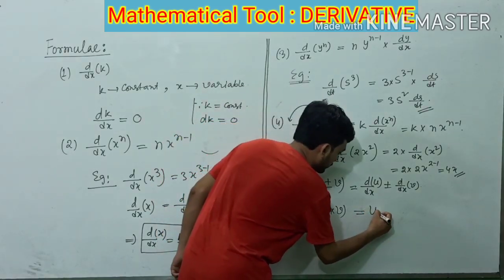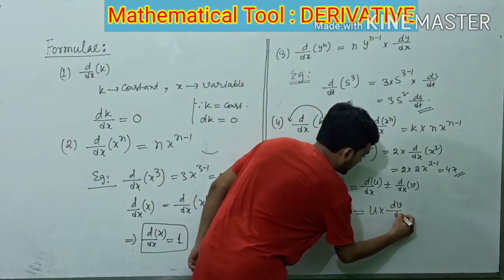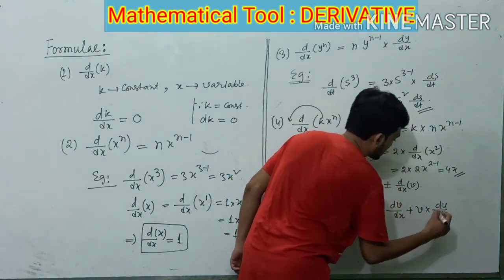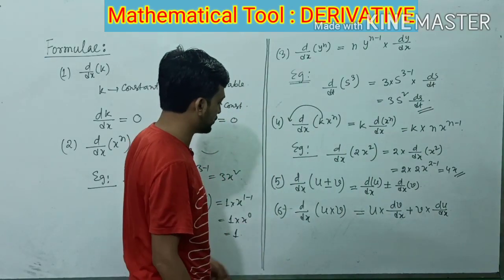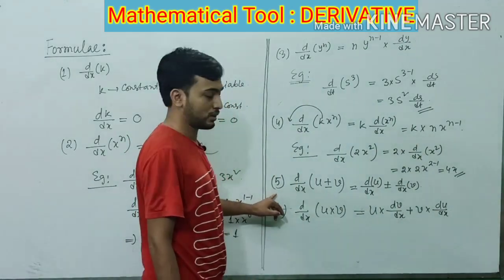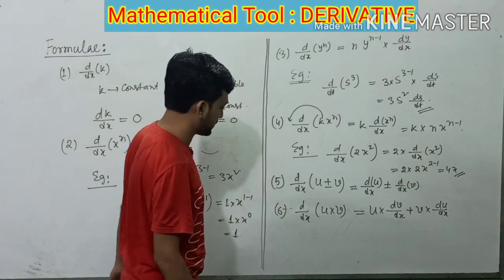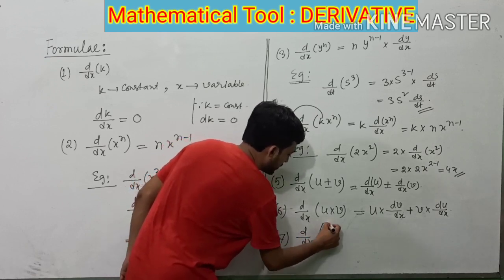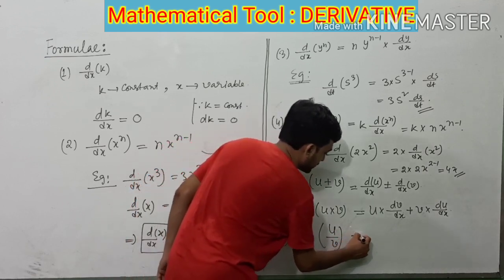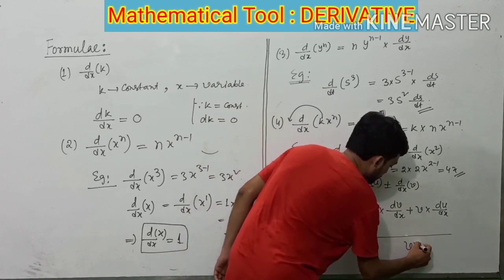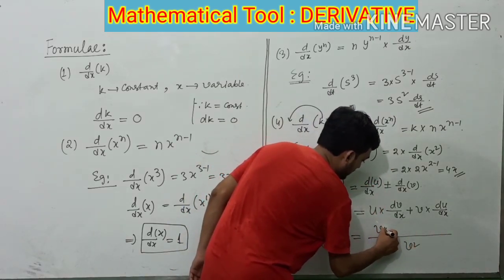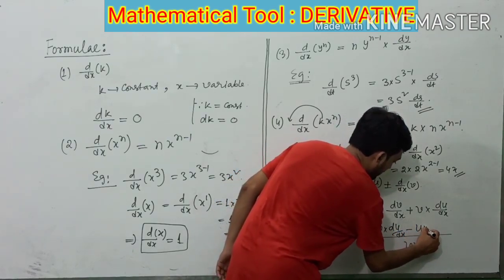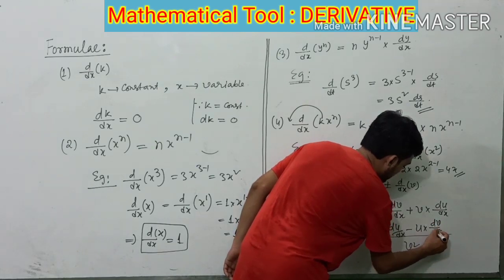So here we will get u multiplied by dv by dx plus v multiplied by du by dx. Later on I will show you examples related to formulas 5 and 6. Number 7, d/dx of u divided by v. This will be equal to v multiplied by du by dx minus u multiplied by dv by dx.